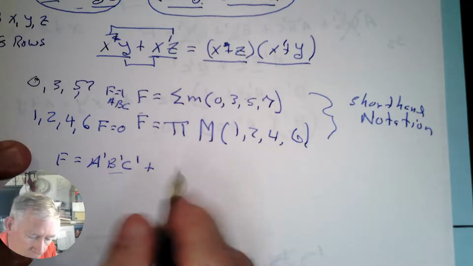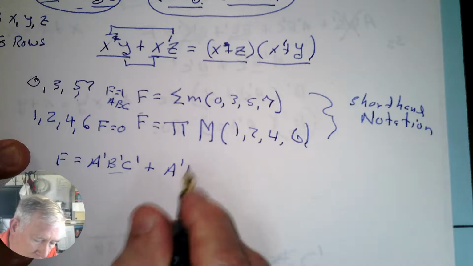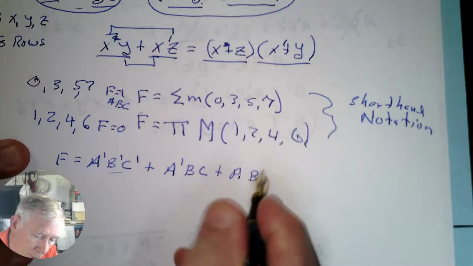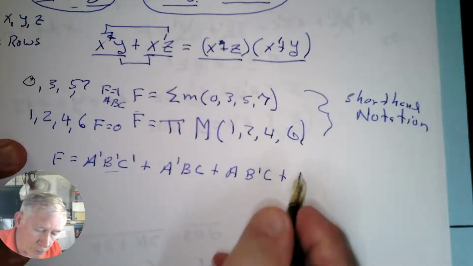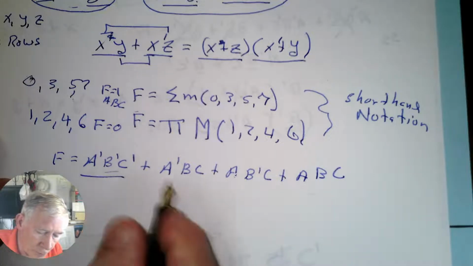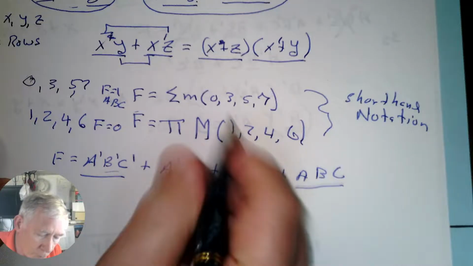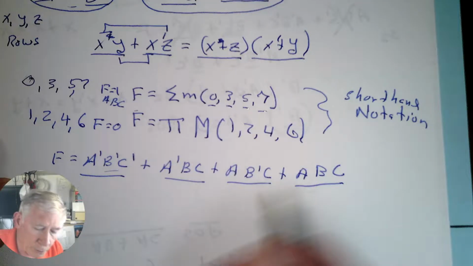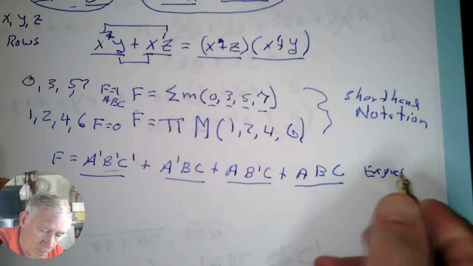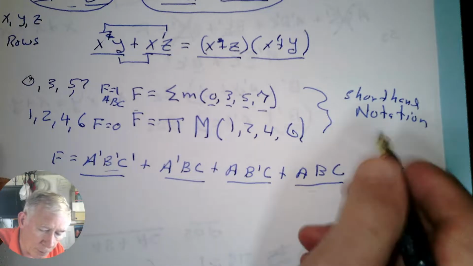Plus min term 3, which would be A prime, B, C. And then 5, which would be A, B prime, C. And 7, which is A, B, C. So those are our 1, 2, 3, 4 terms. Here we've written them out as an expression. And here we've written them out in the shorthand notation.